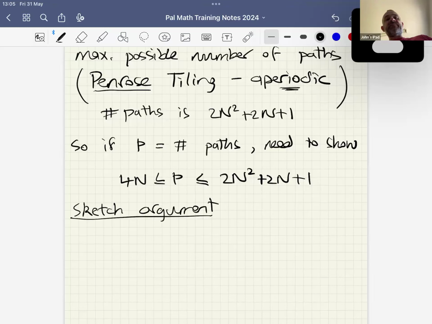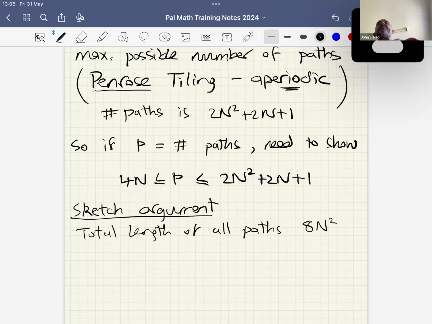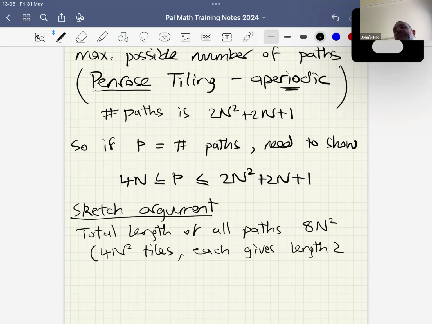So for the lower bound, well, let's see. The total length of all paths is 8n squared, because you've got length 2 from each tile, and there are 4n squared tiles, and each gives length 2.